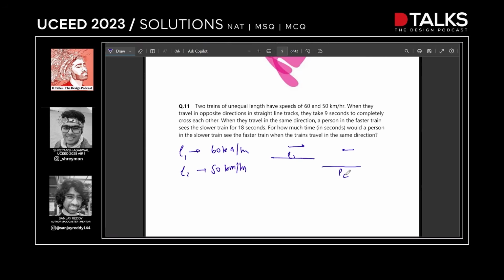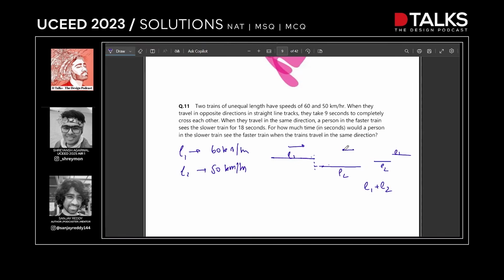So completely crossing means this is going, right? They're gonna match somewhere like this, and they're gonna completely cross when they'll be like this. So that means the total distance is L1 plus L2. To make this easier, I'm going to use the concept of relative velocity.